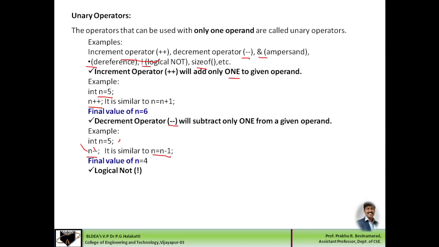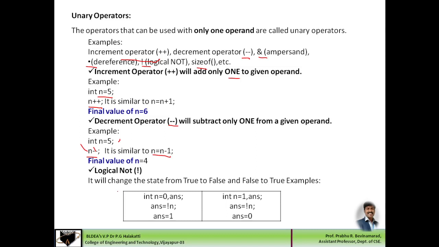Let us look at the logical not operator. It takes only one operand, and a logical not operation will be applied. So the logical not operator makes true a false and false a true. Let us take a few examples. I have declared a variable n equal to 0, and this is another variable, ans, which is kept empty. Next, I am applying the logical not operator on n.